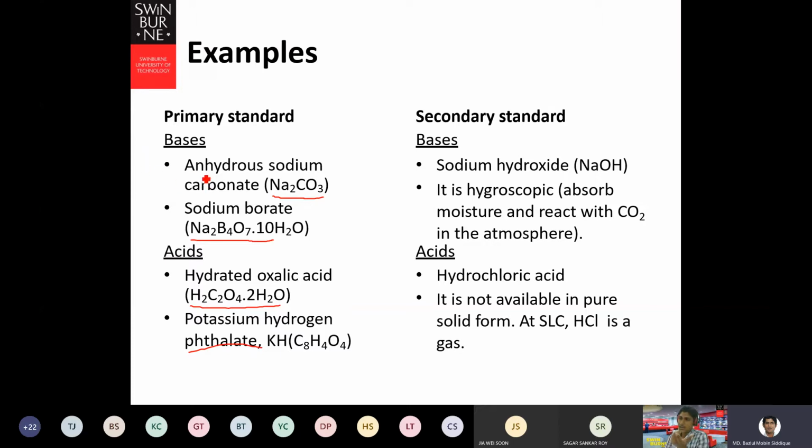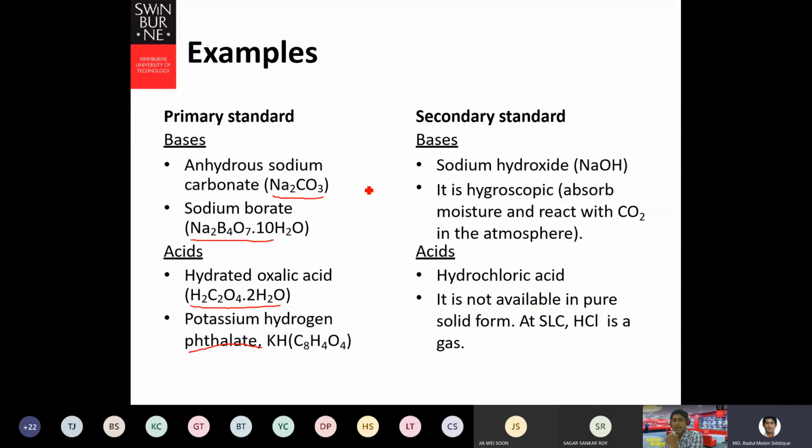If I want to know the concentration of my acid, I will titrate with a base of known concentration. If I want to know the concentration of my base, I will titrate with an acid, because titration has to be two different opposite things, right? Acid and base.